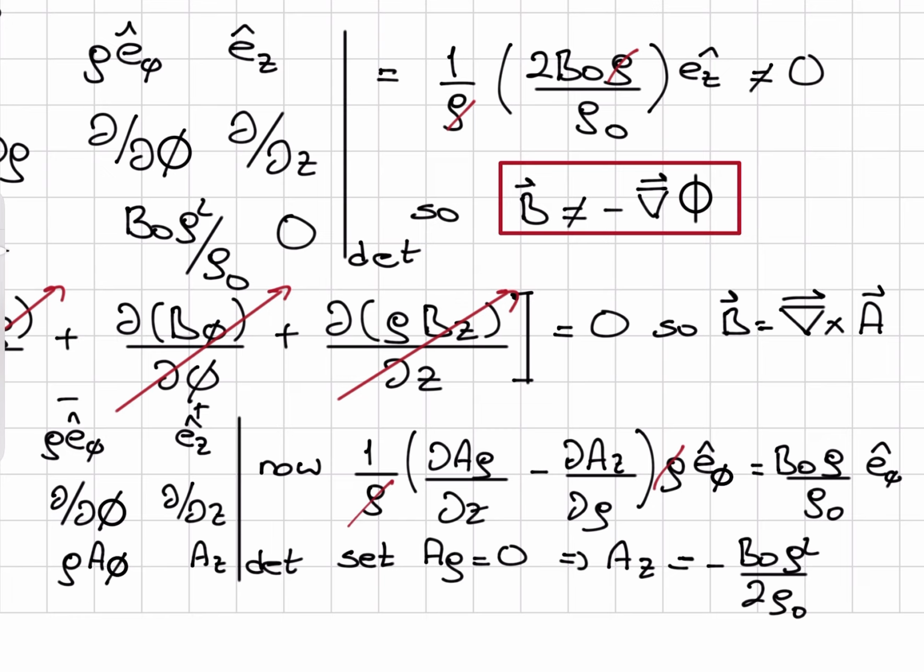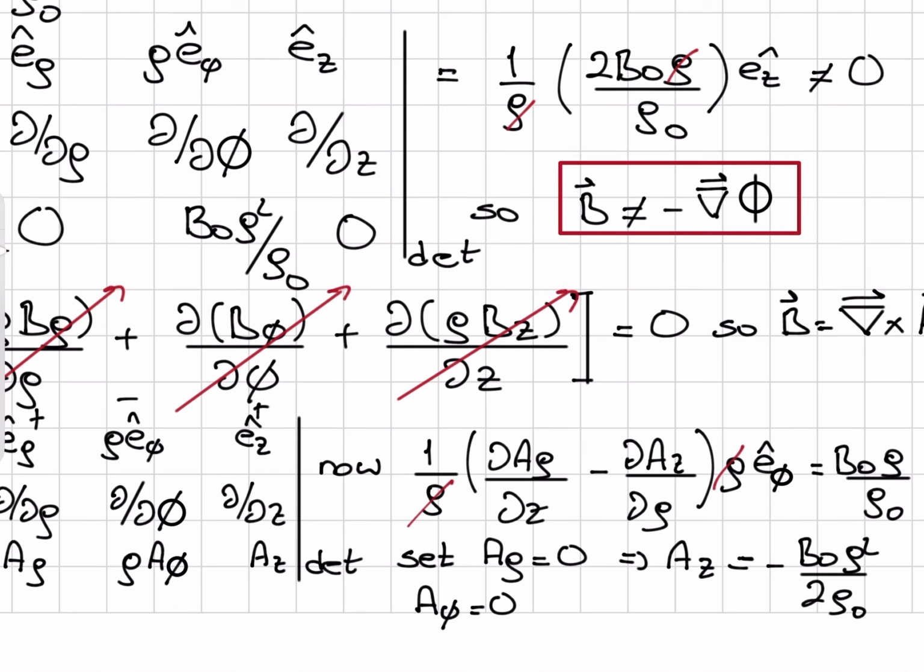I can also set A phi equal to 0 for simplicity, and I only have this z component remaining here.